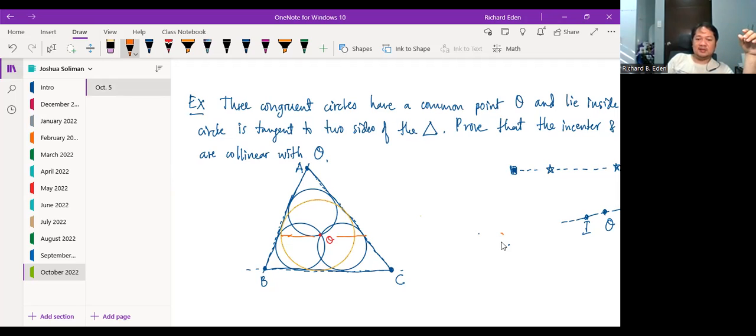If you notice, they will intersect all at O. Not necessarily. Not necessarily. Okay.